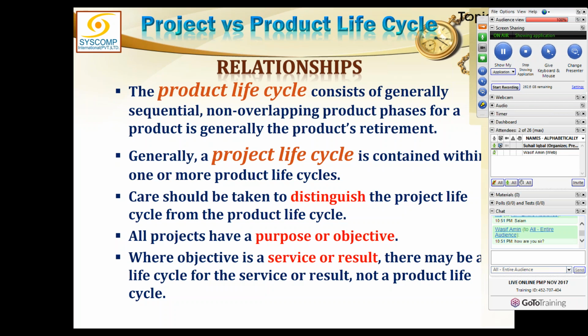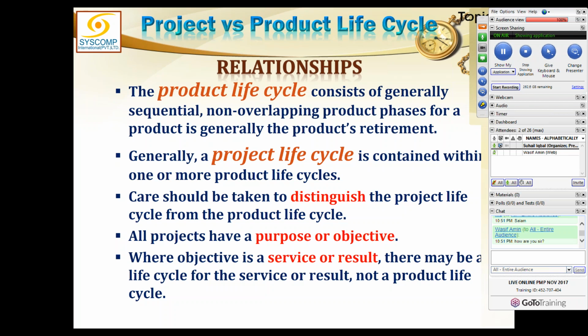But you might get a project to create a new version of pencil which has liquid lead. This could be your project, but the life cycle of the product is the same. Until and unless that product line is discontinued, you are in the same product life cycle.